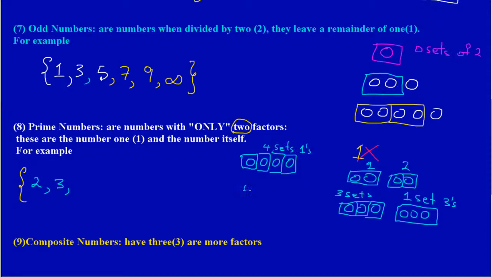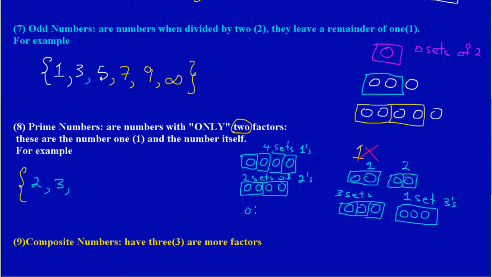Let's check again. We can divide 4 by 2. If I divide 4 into groups of 2, I would get 2 sets of 2's out of 4.